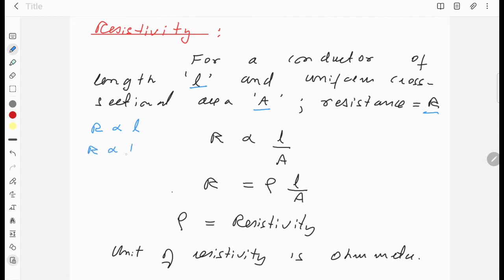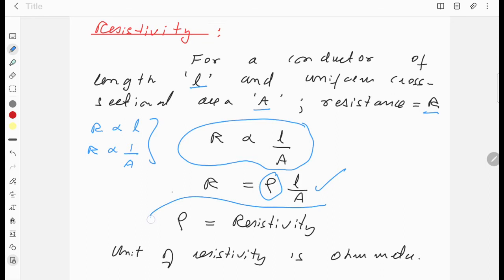Resistance is inversely proportional to cross-sectional area of the resistor. And if you combine these two, you will get R is proportional to L over A. And if you write equals to and constant of proportionality rho, then your equation will become this. Well, rho is your resistivity.